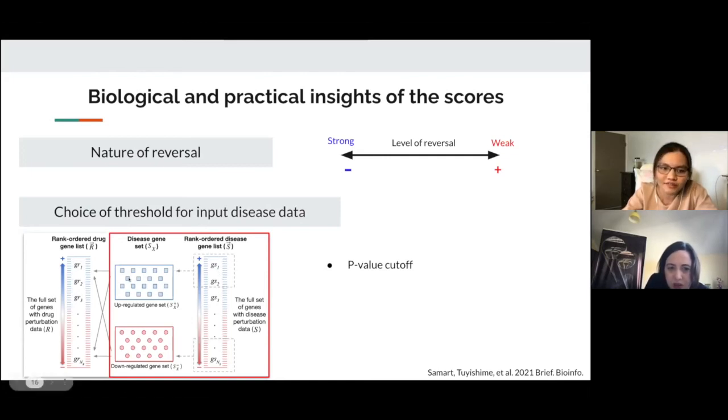Then we use this set to compare and get the similarity between disease and drugs. This would be the final score that we get, and the lower negative score would be interpreted as the stronger reversal relationship. So basically this positive and negative side here is just the side of the expression value assigned to each gene.